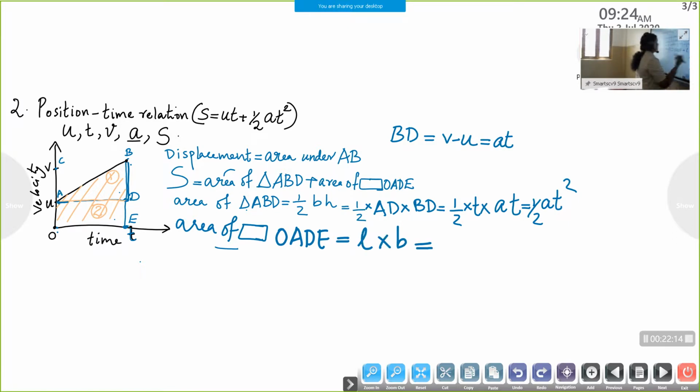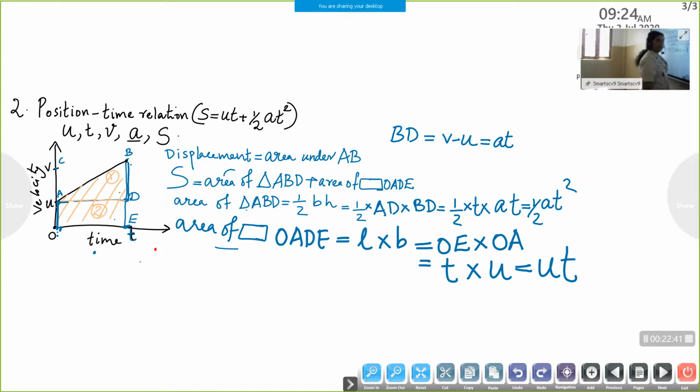Length into breadth, that is equal to length OE into breadth OA. So what is OE? Already we have seen OE is T minus 0, that is T into, what is OA? OA, this distance is U minus 0, that is U. So you will get U into T.